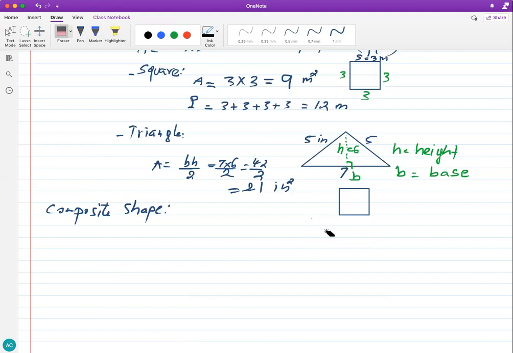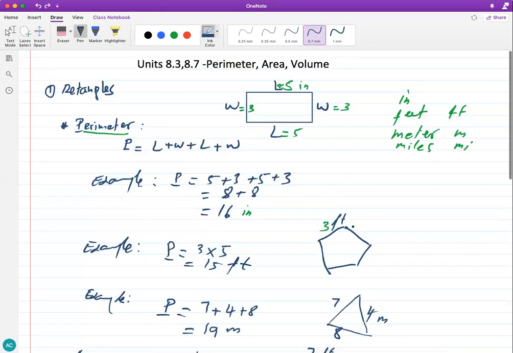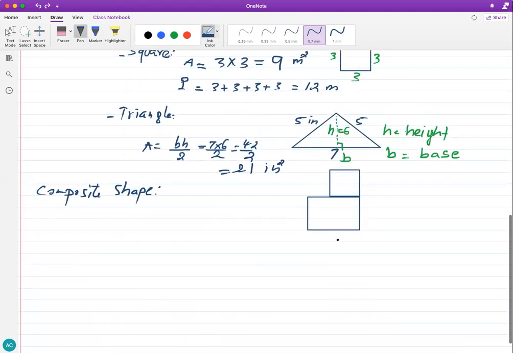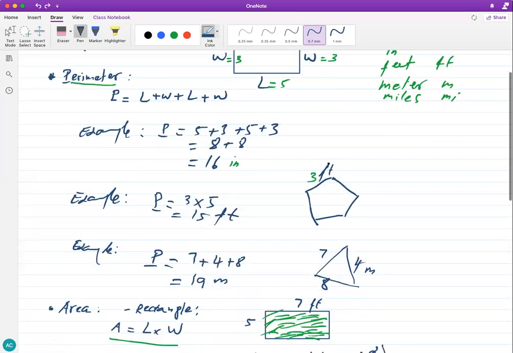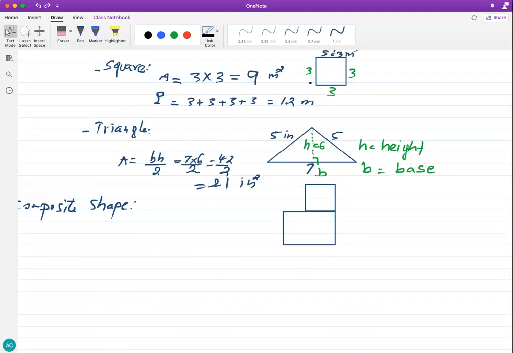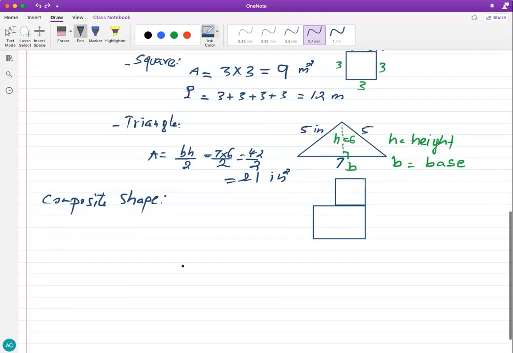To find the area of this composite shape, we need to split it into two different shapes. But first, let's put some distances here. Let's say this whole thing is 10.